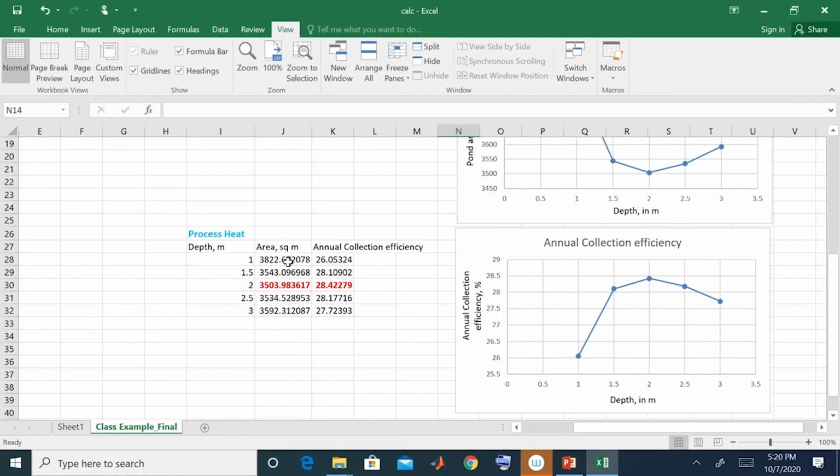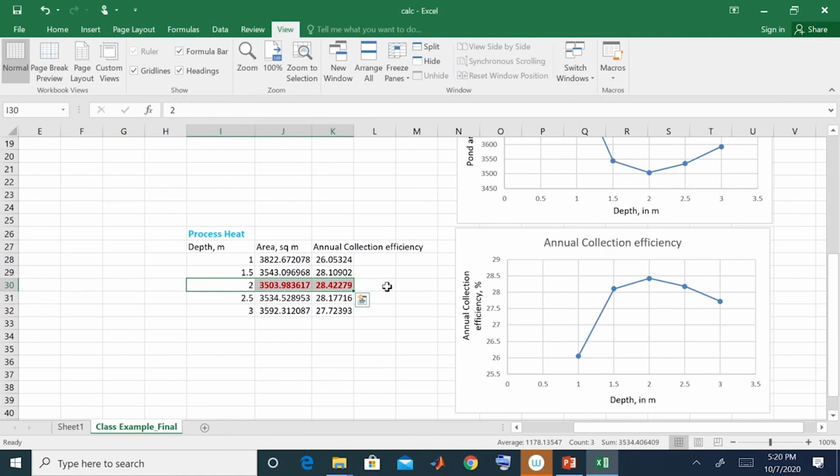Okay. So, at L equal to 1 meter, we get 26.05%, at 1.5 meter we get 28.1%, and at depth 2 meter we get about 28.42%, what we have shown in the presentation. And if we increase depth to 2.5, then its efficiency decreases. See, at 3 it is 27.72. So, we have to go for this value, right.